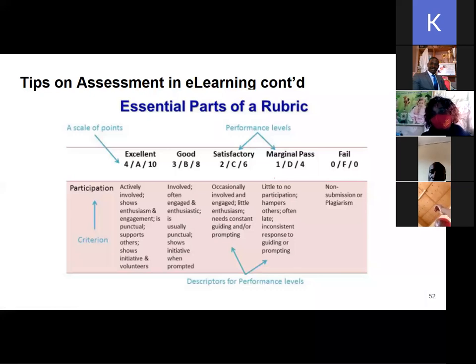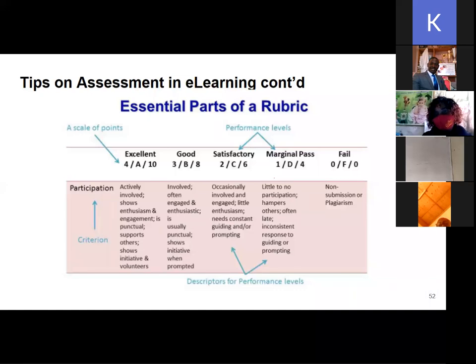They copied or never submitted. So this criteria on participation is an important part that the learner should know. When you do that assignment, I will be able to grade your individual participation as a member of that group.